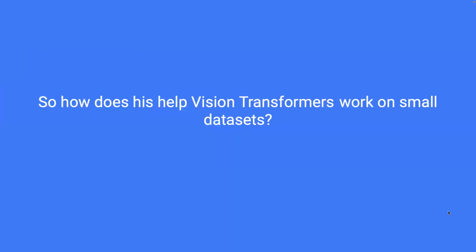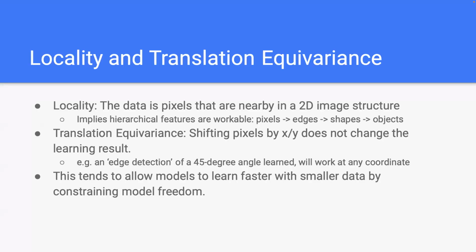Okay, so how does this help with vision transformers? How does it help them work with smaller data sets? Well, the two things that I mentioned earlier: if you pick inductive biases of locality and translational equivariance and put those back into the transformer somehow, you'll improve the performance.